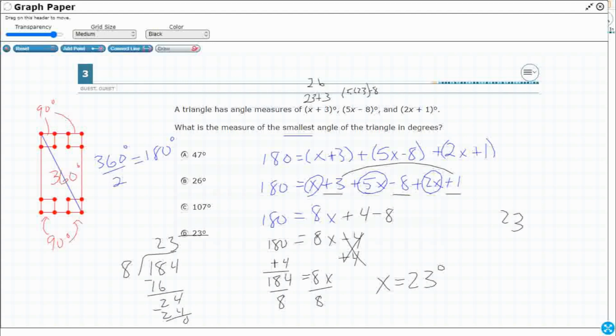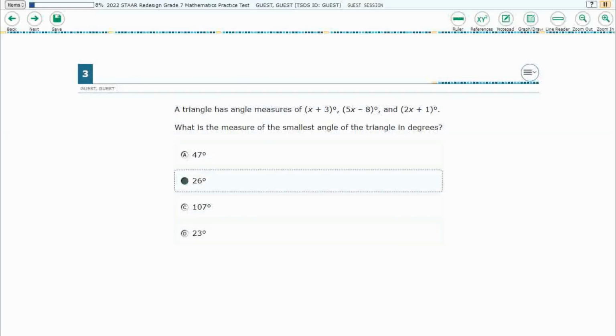So what is 23 times 5 here? That's going to be 115. Minus 8, that's 107. And this is going to be 23 times 2, right? Plus 1. So that's going to be 46, 47. So what is my smallest? Well, you see right there, it is that 26.